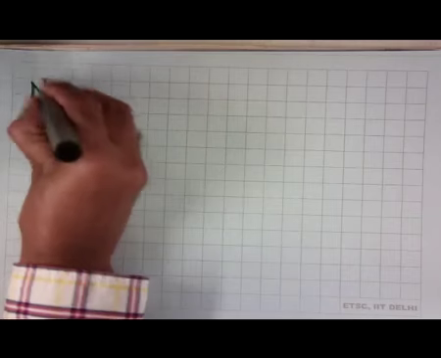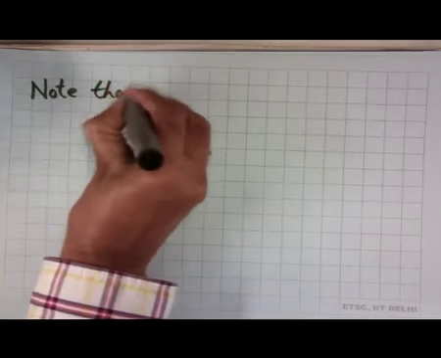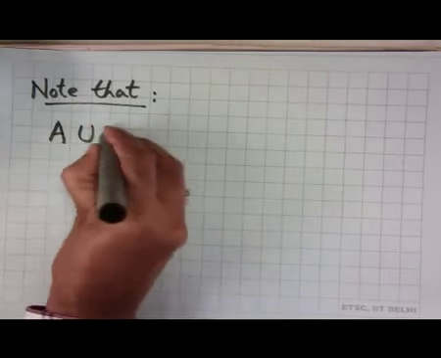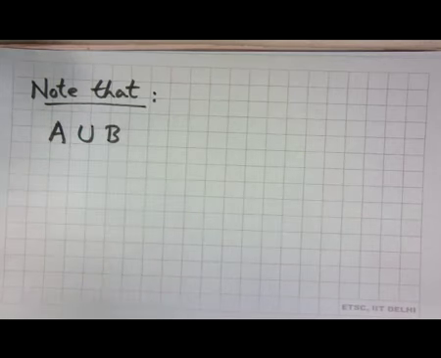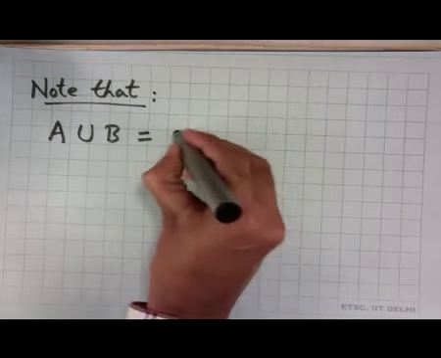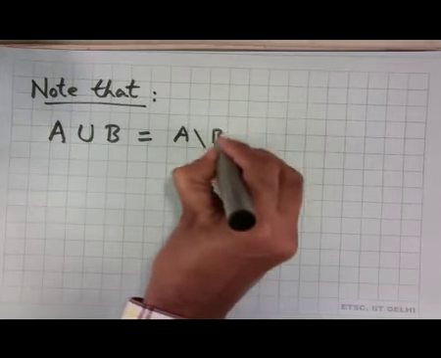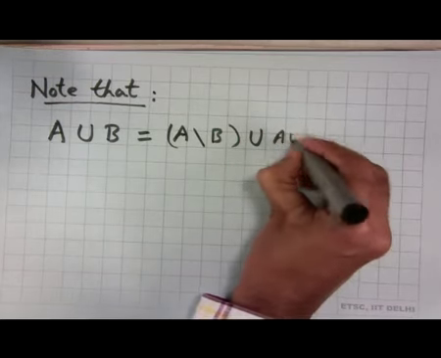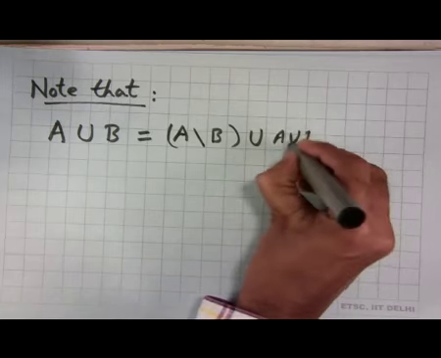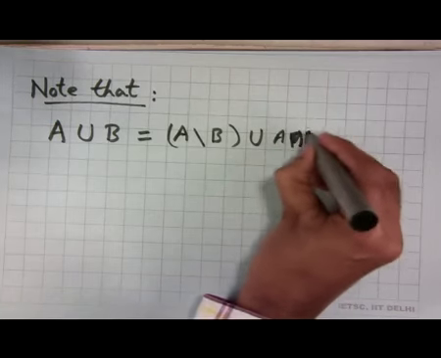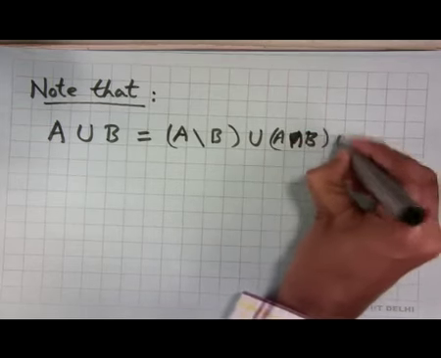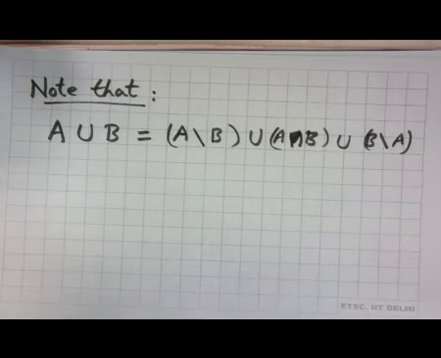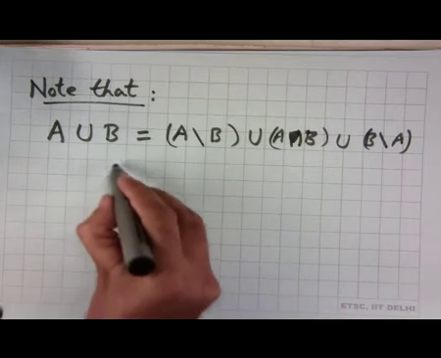So, note that I can write A union B is equal to A minus B union A intersection B, union with B minus A. Let me explain this by a Venn diagram.